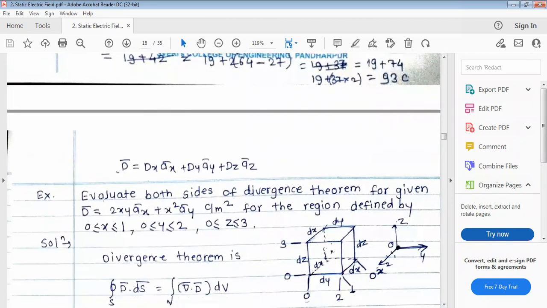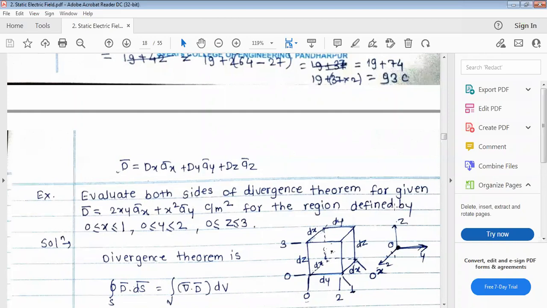You can take this: evaluate both sides of the divergence theorem for the given D bar equal to 2xy a bar x plus x square a bar y, in coulomb per meter square, for the region defined by x varying from 0 to 1, y varying from 0 to 2, and z varying from 0 to 3.